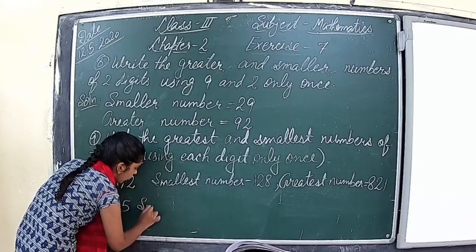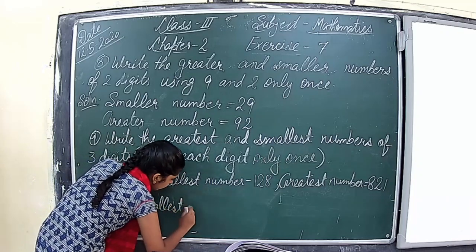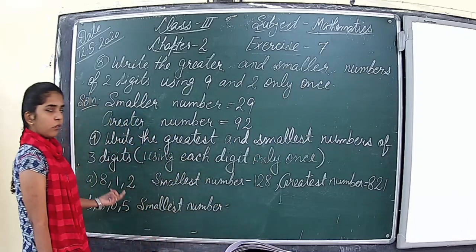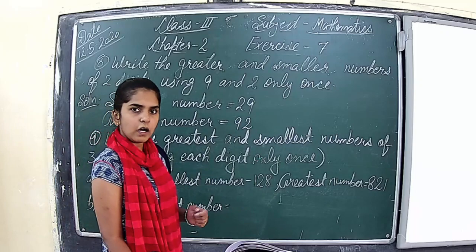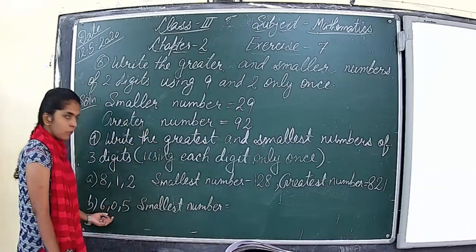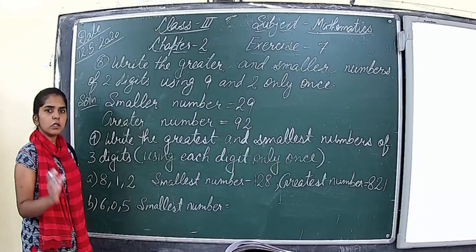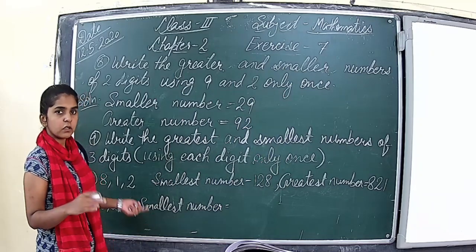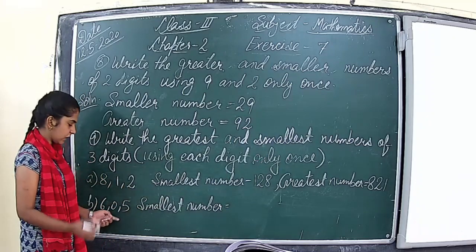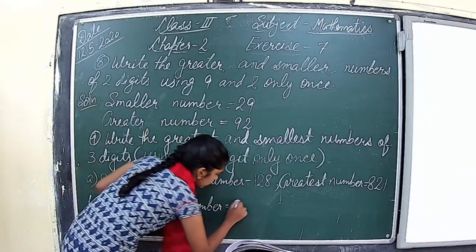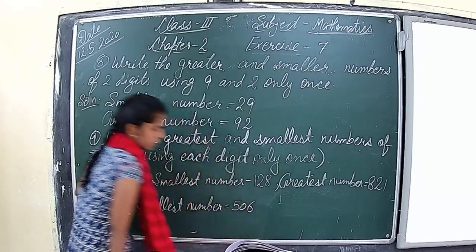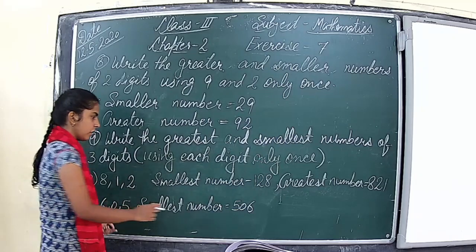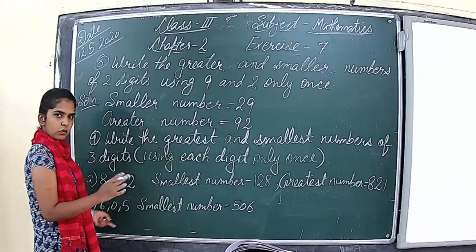So the smallest number will be, I told you to form the smallest number, arrange the digits in ascending order. Which digit is the smallest? 0. But I told you we cannot form a number starting with 0, right? So we will move towards the next digit, which is 5. After 0, the smaller digit is 5. So first we write 5, then 0 and then 6.